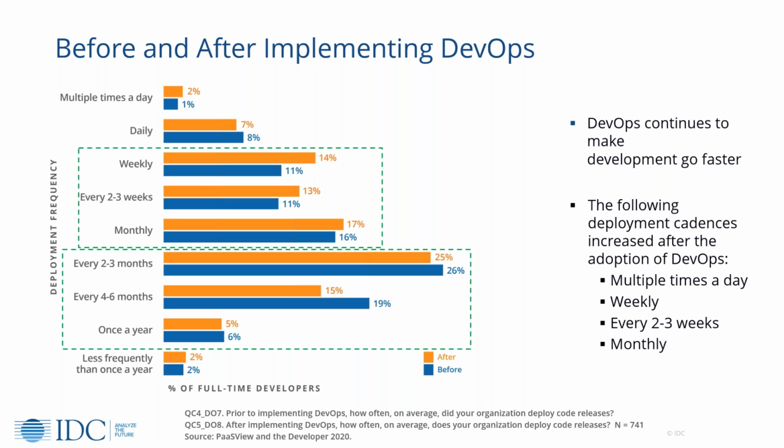So once again, the point here is that the adoption and implementation of DevOps makes everything go faster, and specifically here in this context, the frequency of deployments to production.